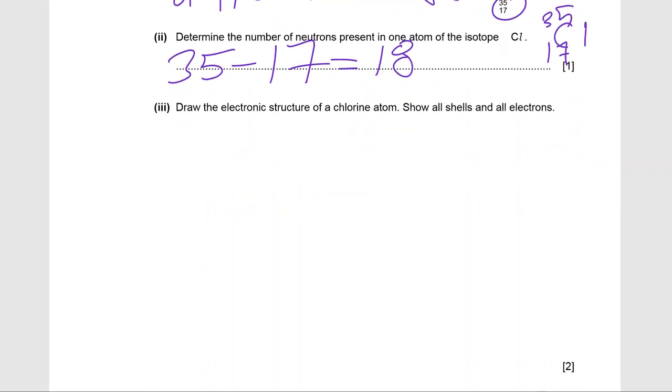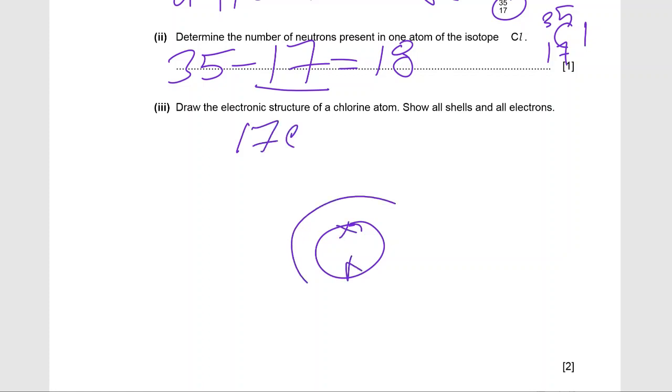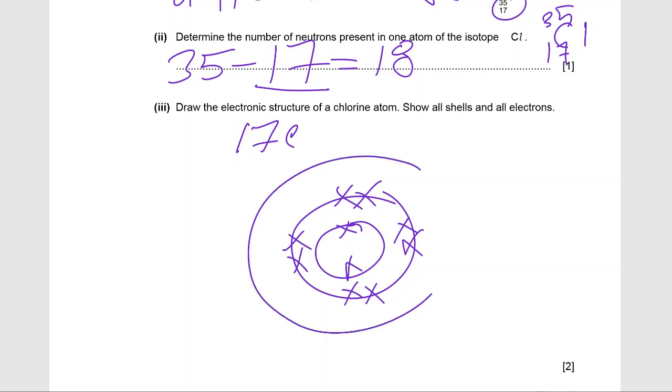Draw the electronic structure of a chlorine atom. Show all shells and all electrons. So chlorine has 17 protons, that means 17 electrons. So 1, 2, then 1, 2, 3, 4, 5, 6, 7, 8, and the last energy level with 7 electrons.